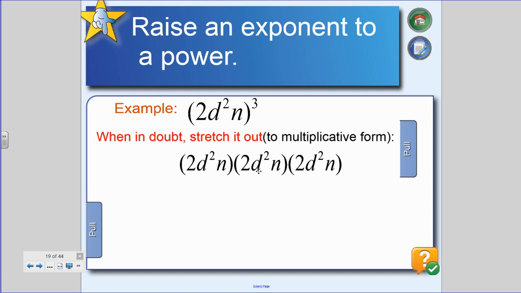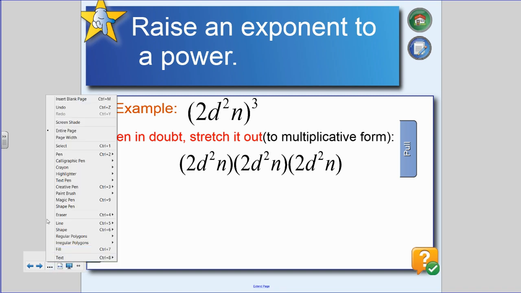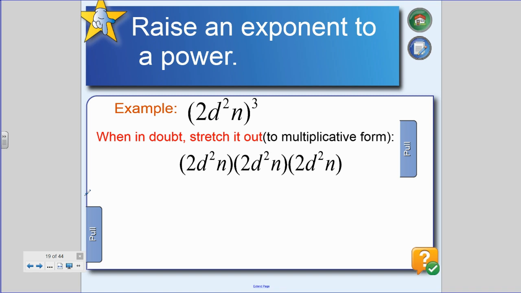And if I wanted to, I could keep stretching this out too, into a 2 times a d times a d times an n, times a 2 times a d times a d times an n, times a 2 times a d times a d times an n.